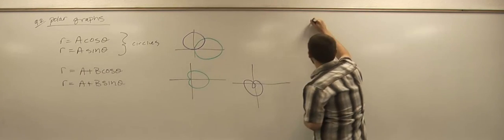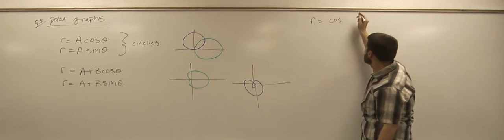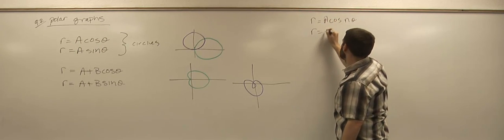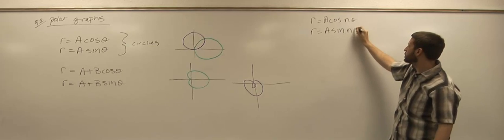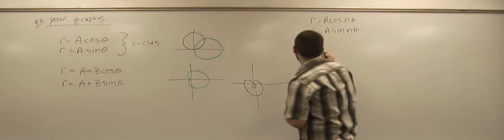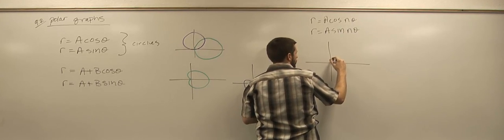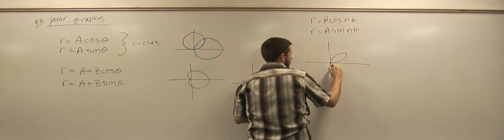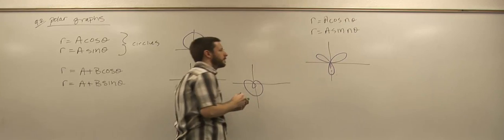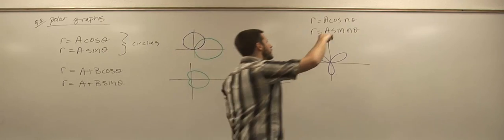And then the last one, r equals a times sine or cosine of some number times theta. When you have multiple angles inside, these guys end up being loops. The number of petals depends on the number you see in front of the theta.